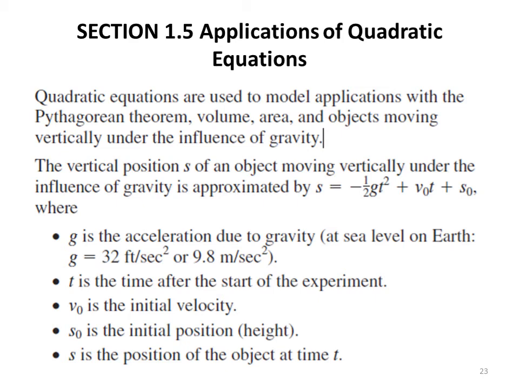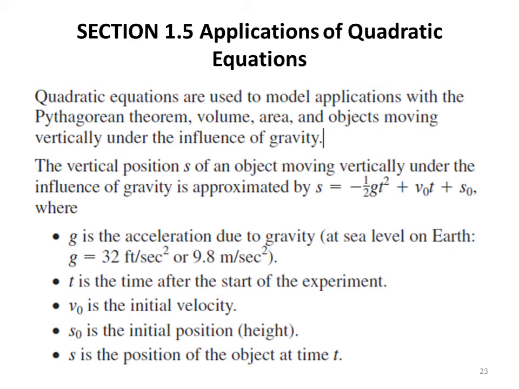Here in this application, the vertical position we denote by s. The vertical position here means the height of the object. We are looking at objects that are moving vertically under the influence of gravity. The equation that describes the motion is s equals minus 1/2 g t squared plus v0 times t plus s0.